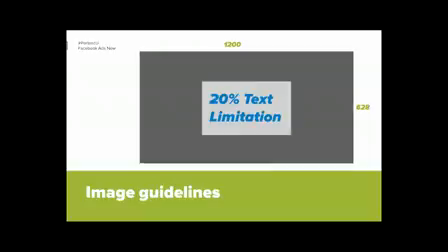A couple other things about images is that there's a 20% text limitation for all ads. So first of all, you can't have your ad full of text. It needs to be image driven. Usually the 20% is there for a logo or for a quick message.